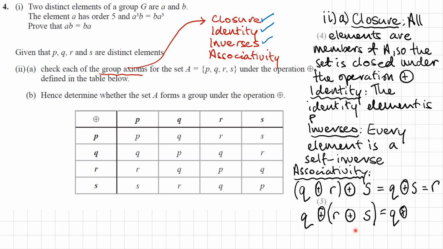So from the table, that is Q. And if I do QR from the table, just having a look, that's Q. So it fails the associativity check. So we'll put here not associative.